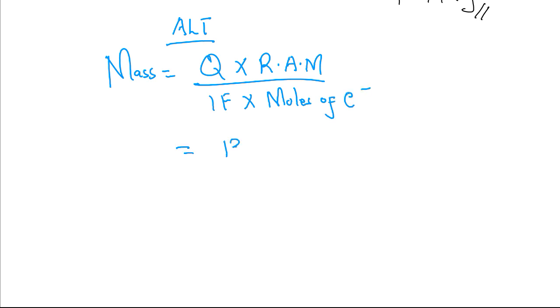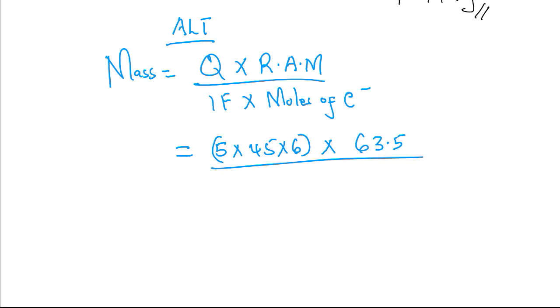The quantity is calculated as 13,500. What you do in the first step, you just take the calculation for quantity, 5 by 45 by 60, times RAM 63.5 all over 1 Faraday, that is 96,500, times moles of electrons.